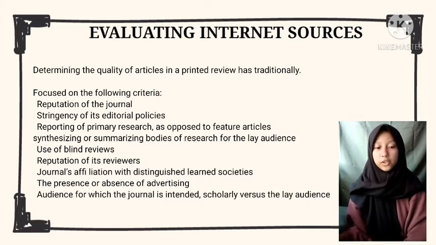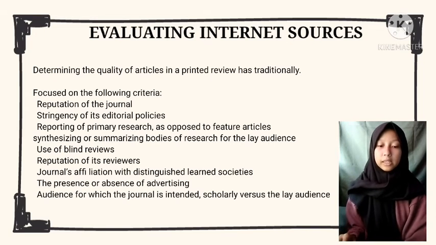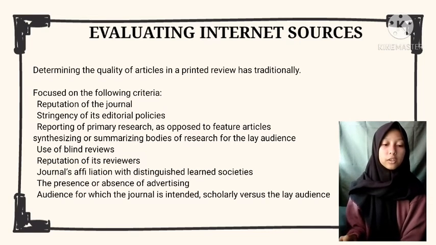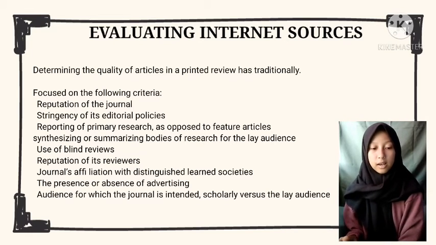Evaluating internet searches. Determining the quality of articles in a printed review has traditionally focused first on the following criteria: reputation of the journal, strength of its editorial policy, reporting of primary research as opposed to featured articles synthesizing or summarizing bodies of research for the lay audience.